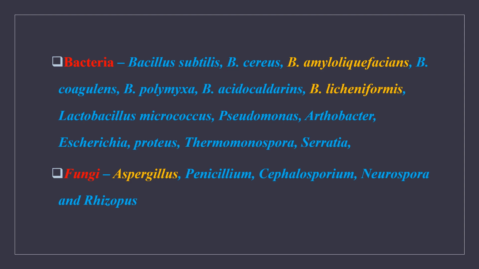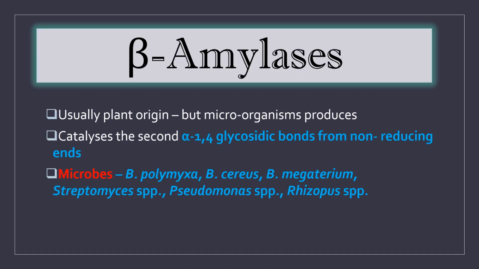Among these, Bacillus amyloliquefaciens, Bacillus licheniformis and Aspergillus are highly involved and produce alpha amylase in very large quantity and more effectively.